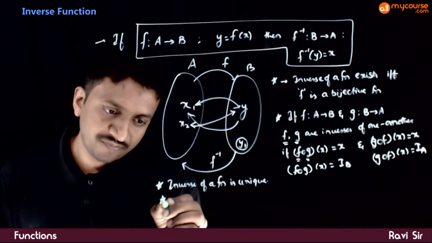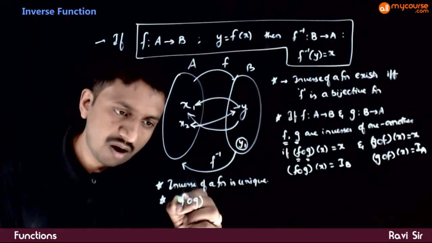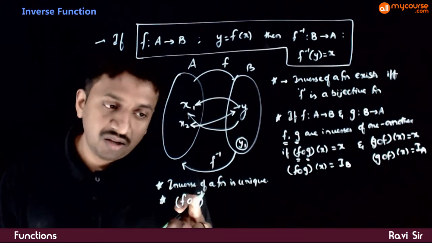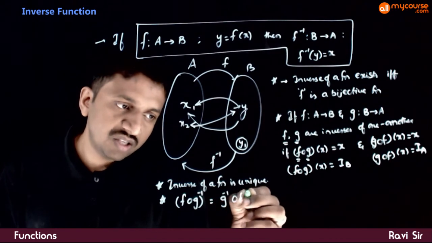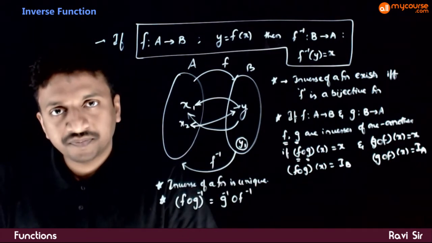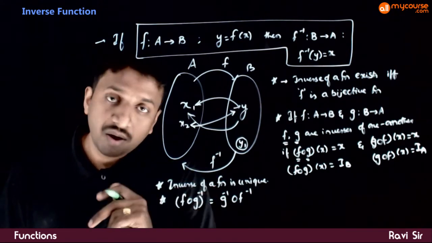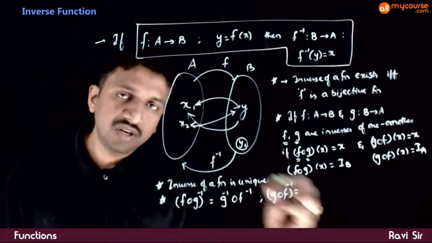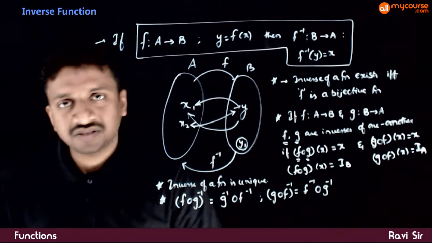Next, the inverse of a composite function. FOG whole inverse is equal to G inverse of F inverse, and GOF whole inverse is equal to F inverse of G inverse.